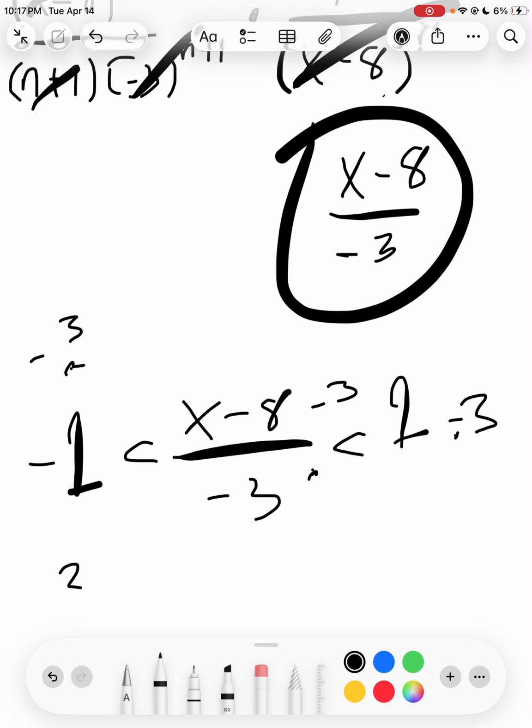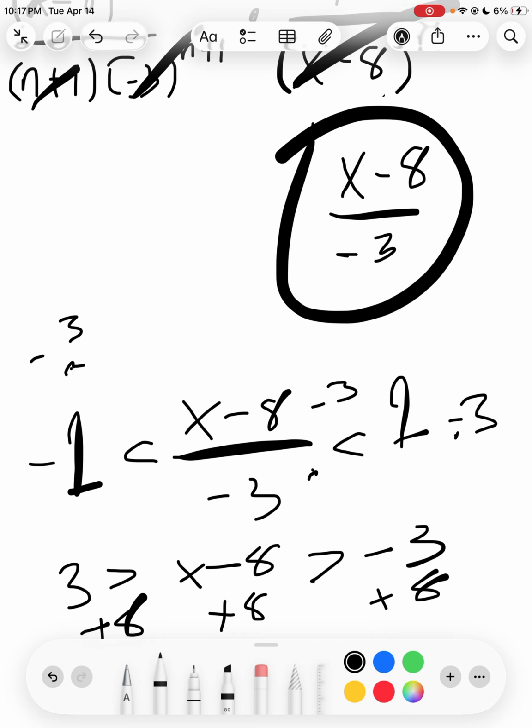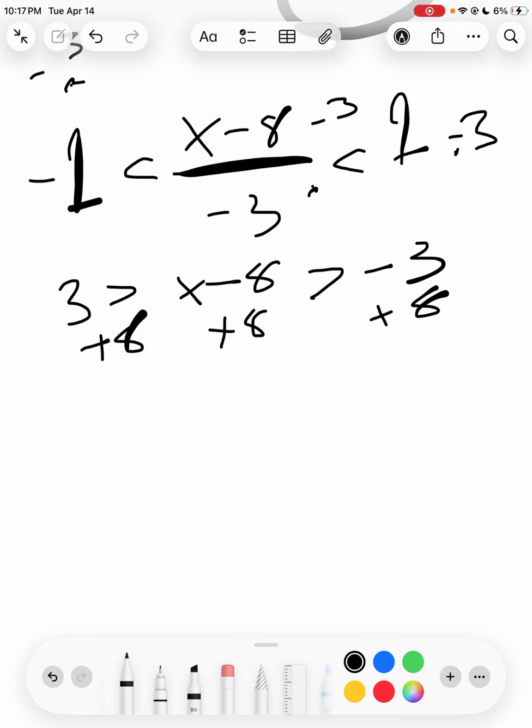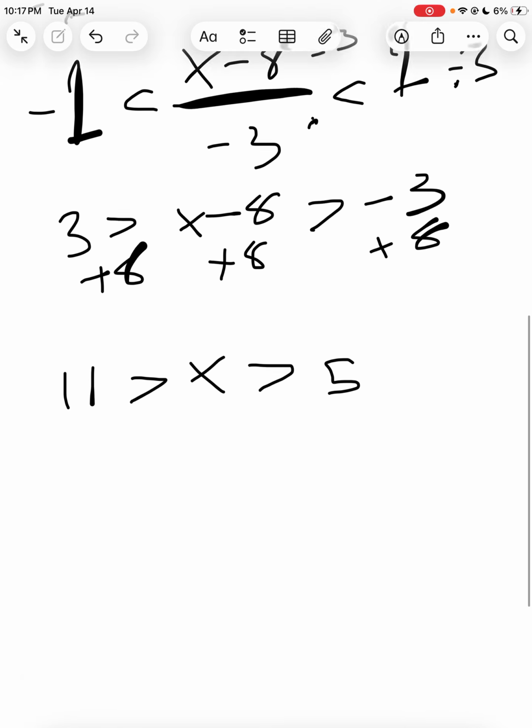So that becomes x minus 8 is between 3 and negative 3. And then you add 8 on both sides. So this gives you 11 and 5. And these are our endpoints that we're going to check for convergence.